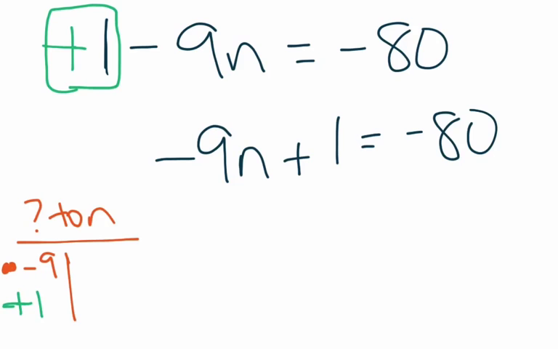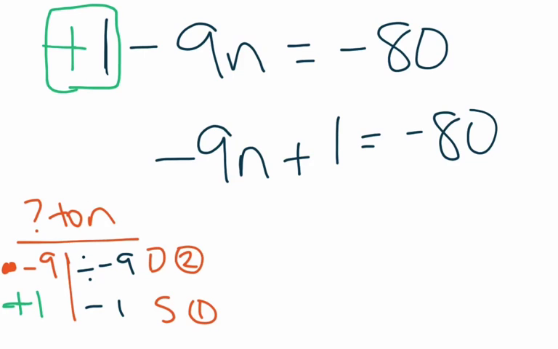So the first thing that we need to do is decide how we're going to fix it. Multiplying by negative 9, the opposite would be dividing by negative 9, and the opposite of adding 1 is minus 1. In our SADMEP, a subtraction comes before division. So this is going to be our first step, and this will be our second step.